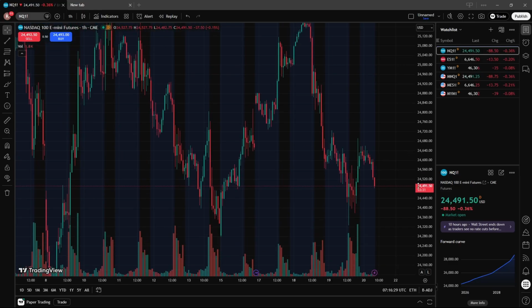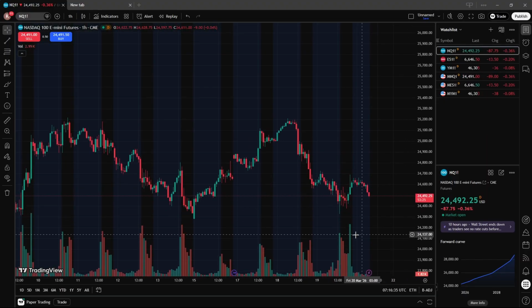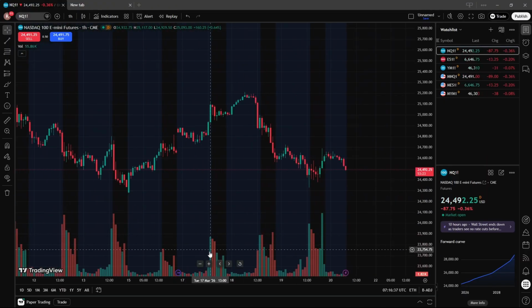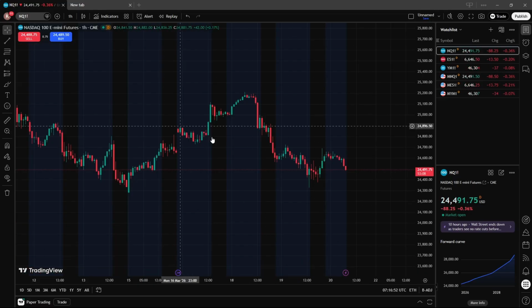Another thing you will notice when you enter the chart is that you have this weird thingy below. This is just your volume indicator, and I feel like the majority of traders don't really use the one that's provided by TradingView, so you just go ahead and delete that.